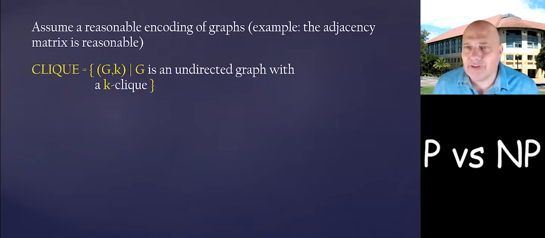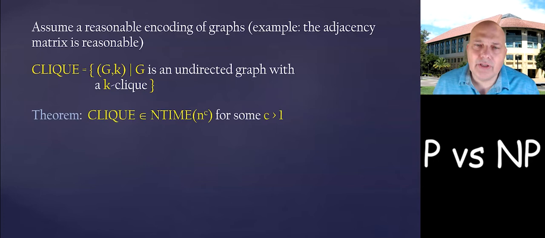We also have a version for directed graphs, but here let's discuss just undirected graphs. And we want to show that CLIQUE is in non-deterministic time n to the c for some c larger than 1. So non-deterministic machines can decide cliques in polynomial time.